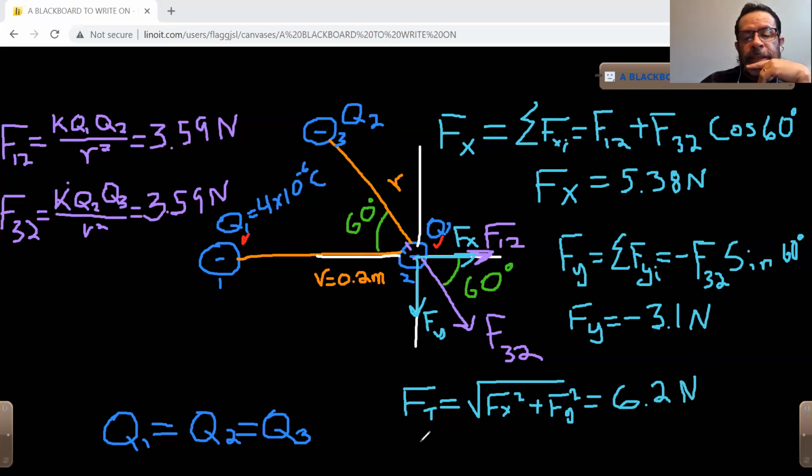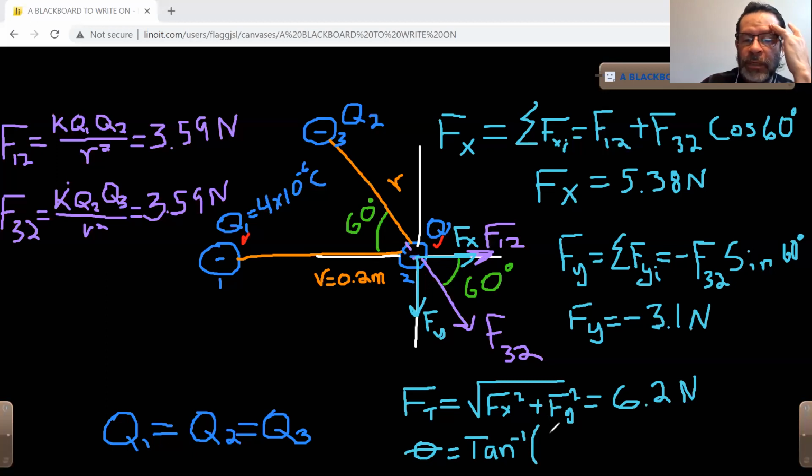And the angle of this force is going to be the inverse tangent. Remember that if you're doing calculations with trigonometric functions, you need to have these in degrees.